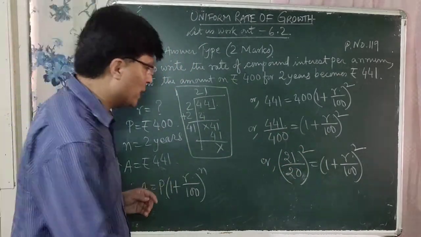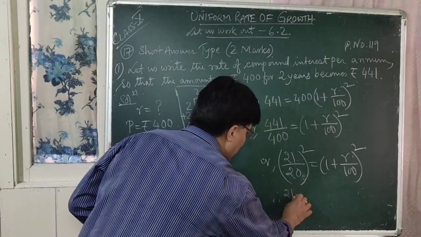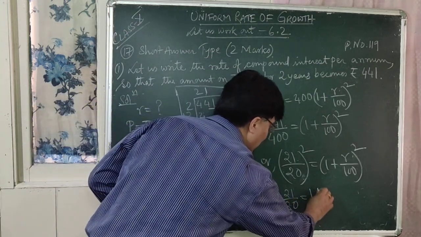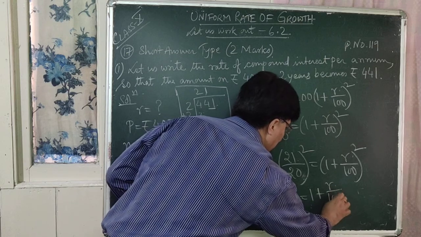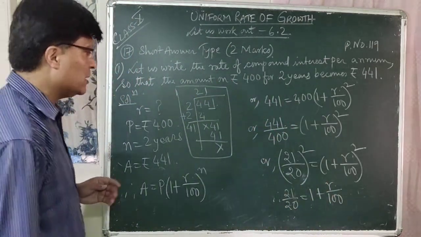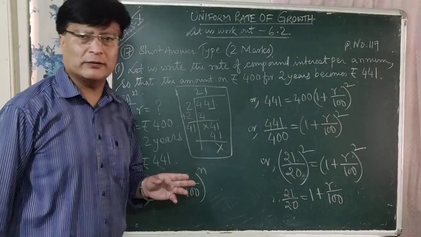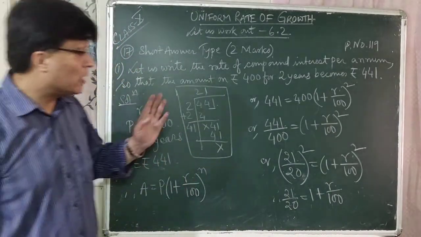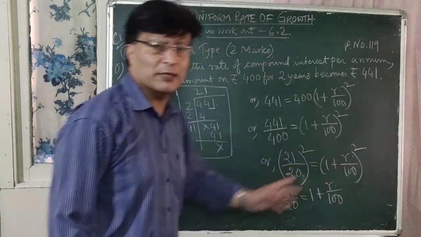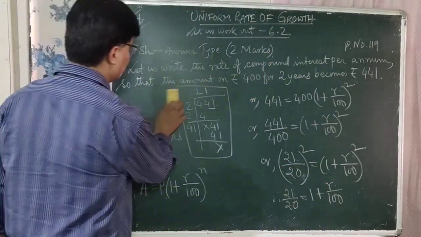That means 21 by 20 is equal to 1 plus R upon 100, because if these two powers are equal, bases must be equal.